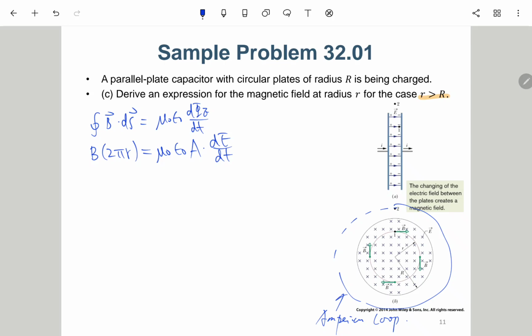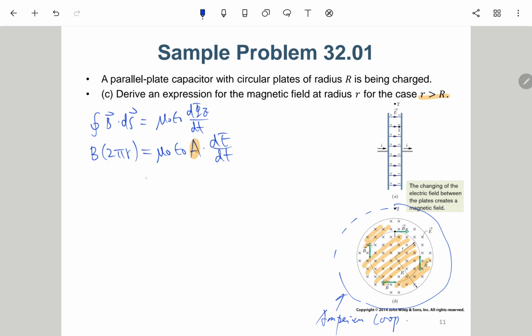But here the difference is this A. Consider this is the Ampere loop, but this A is related to the electric flux. So the only part that generates the electric flux is the inside part. This part doesn't contribute to the electric flux.